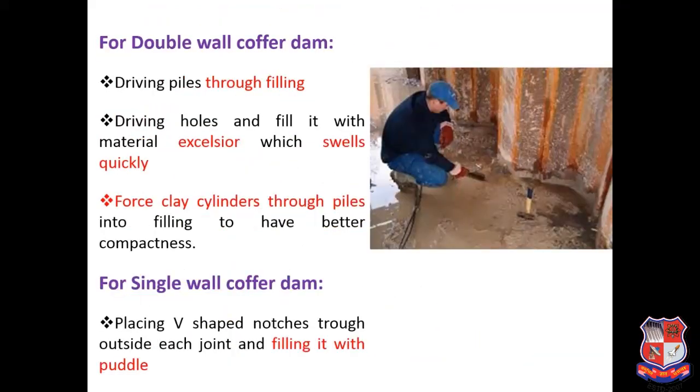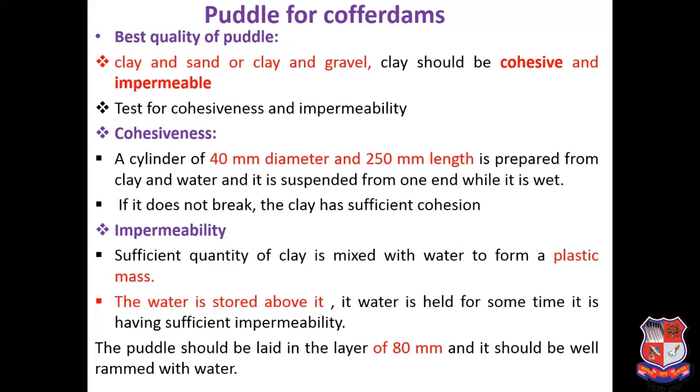Now next is the double wall cofferdam, that is the puddle cofferdam. So what is puddle? That is a mixture of clay and sand or clay and gravel, and the clay which is utilized should be cohesive and impermeable. So generally we have to test for cohesiveness as well as impermeability. To know the cohesiveness, a cylinder of 40 mm diameter and 250 mm length is prepared from the clay and water.